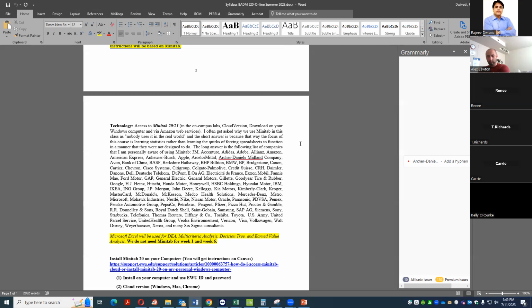Let's say you are very good in Excel. You don't like Minitab. Okay, go ahead and do it in Excel, because whatever results you get from Minitab or Excel, they will not change. Only a few decimal points here and there, because Minitab has 2 or 3 digits after the decimal, while Excel will have 10 digits after the decimal. That will not make any difference.